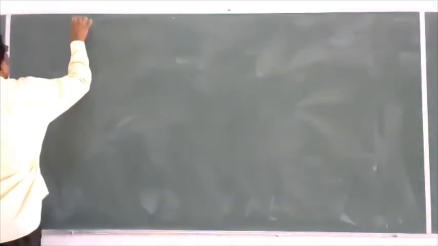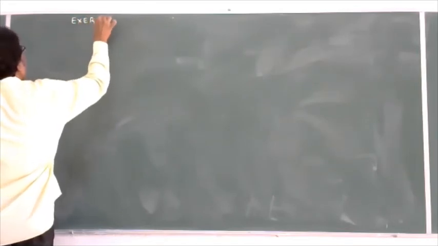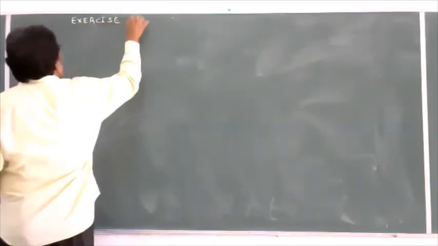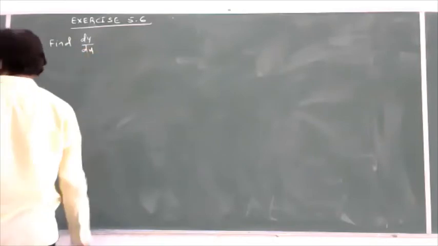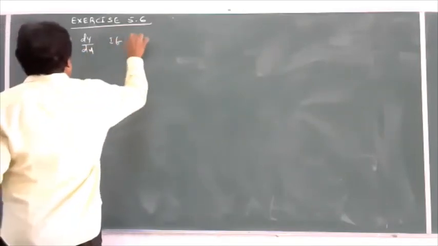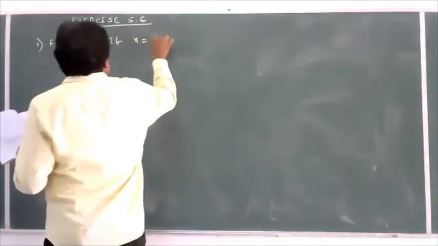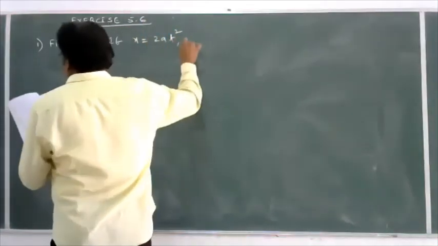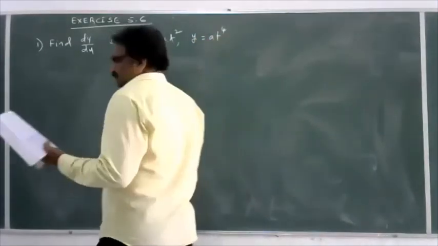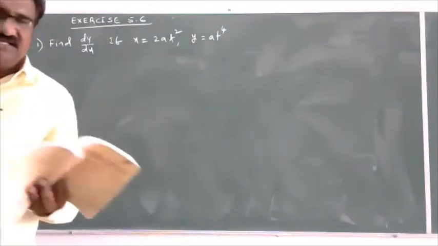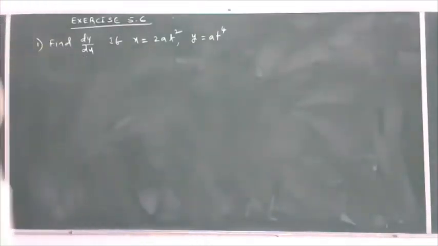Find dy by dx. First problem. Find dy by dx if x is equal to 2a t square, y is equal to a t to the power of 4.